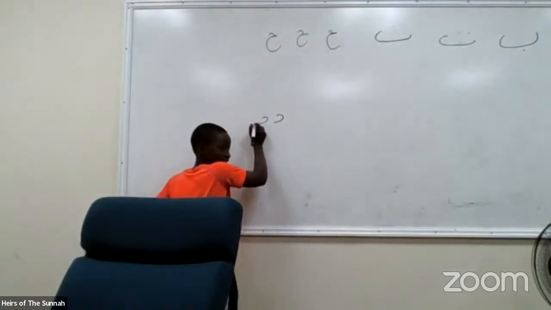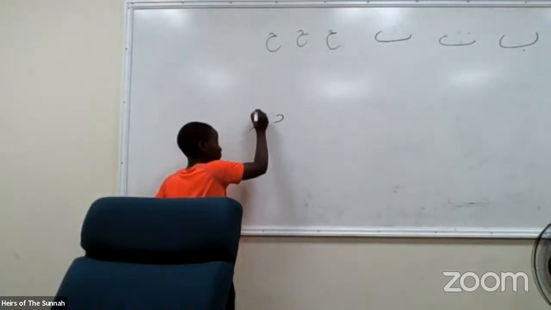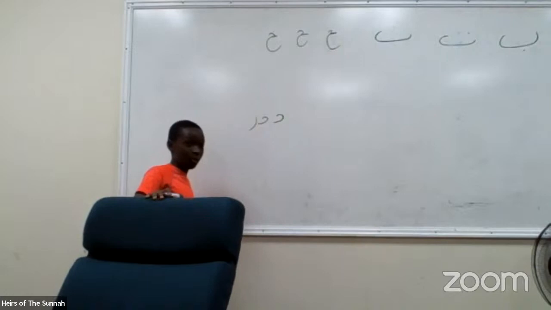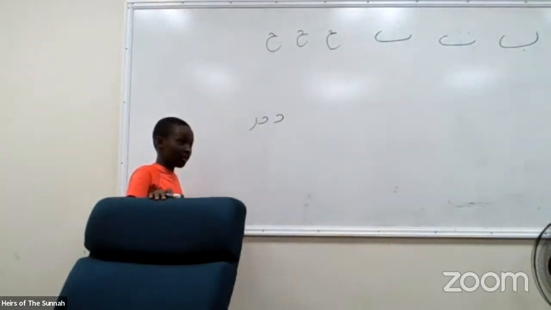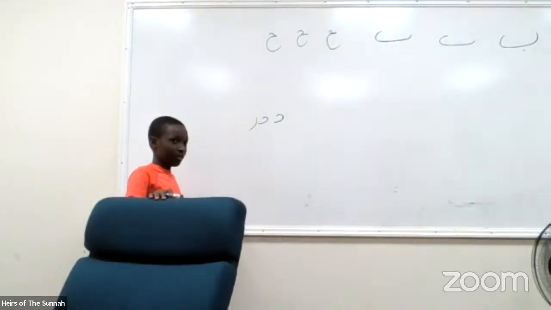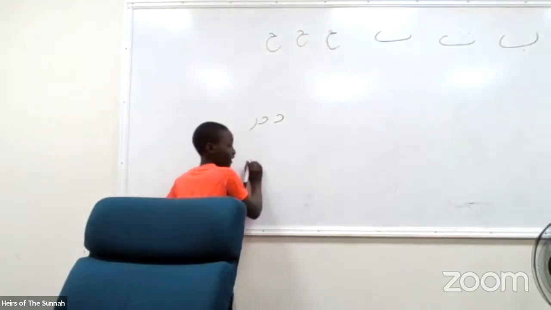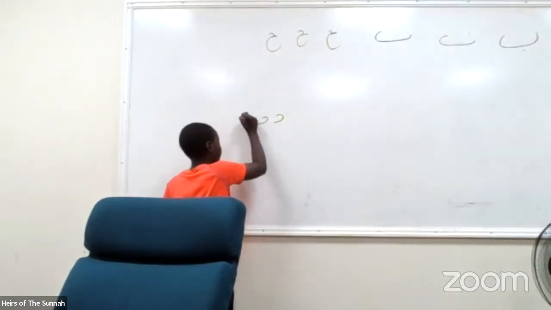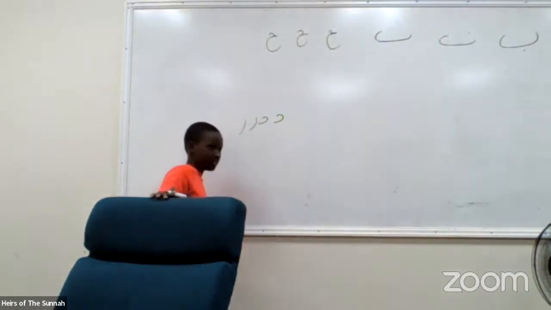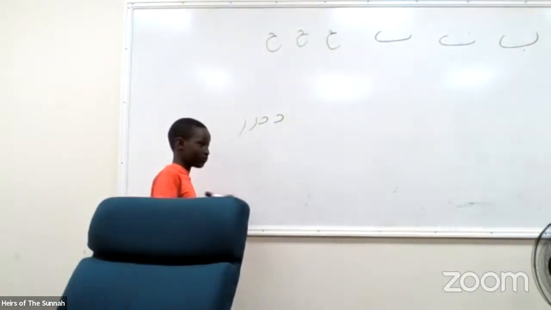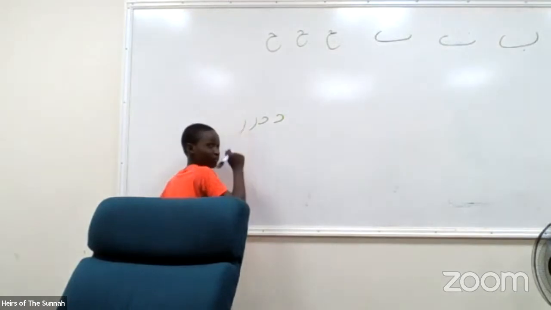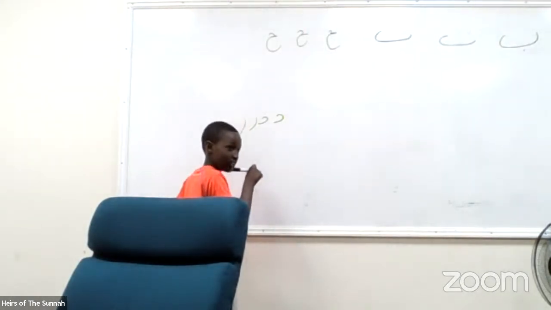And after that, it's ra. The sound of ra is raw, raw, raw, raw. And then after that is za.